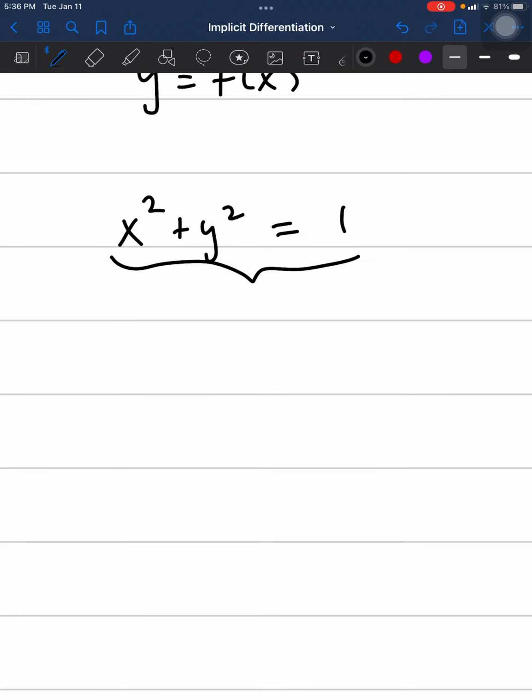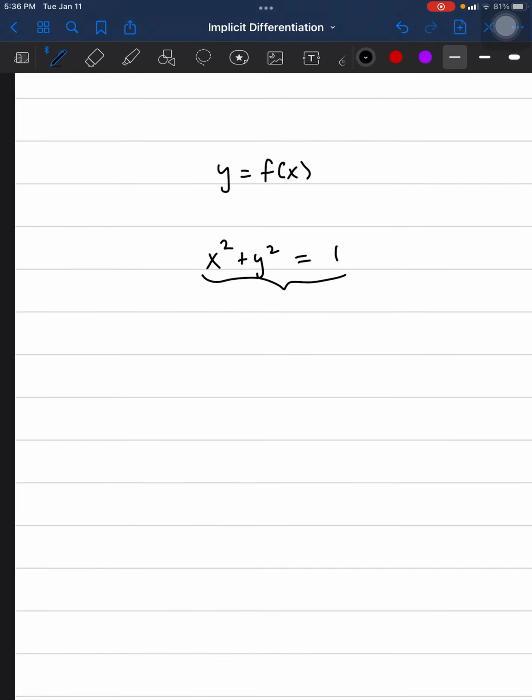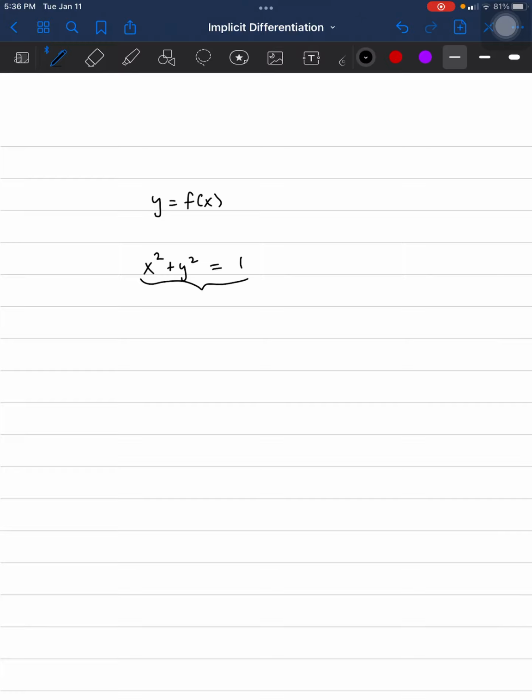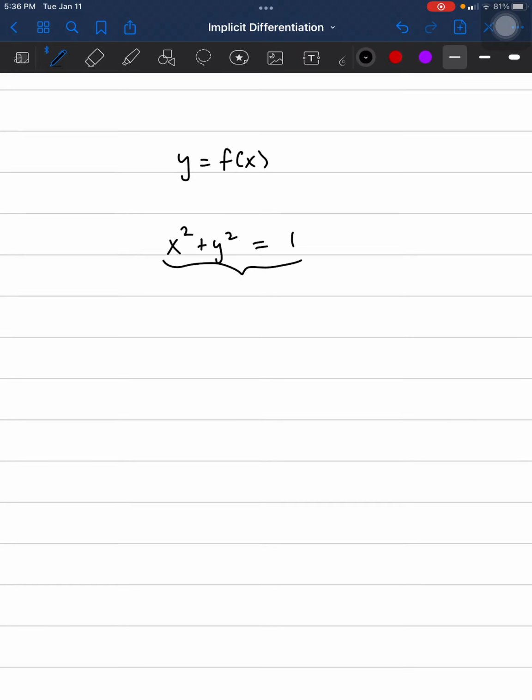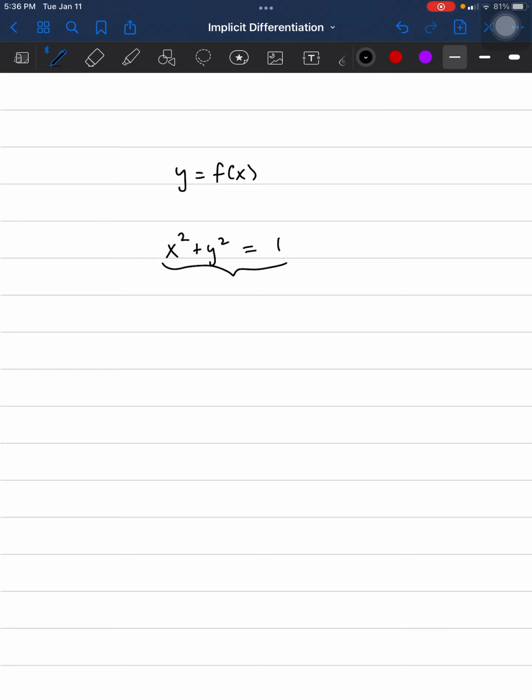and we can solve for y in an implicit function, but it can be a little difficult because we can get positive and negative roots, and we do not know which root we have to use in order to determine the solution. So this is where implicit differentiation comes into play.